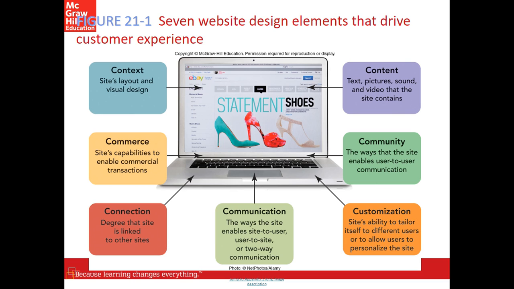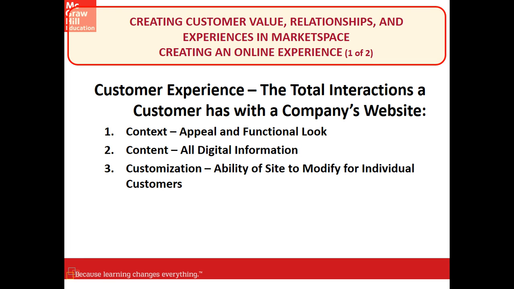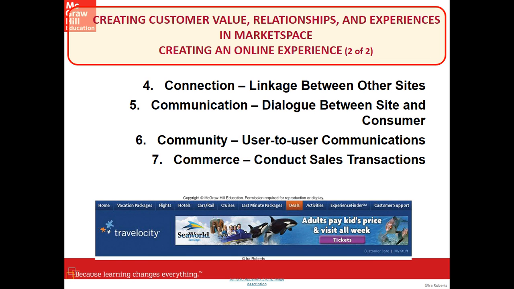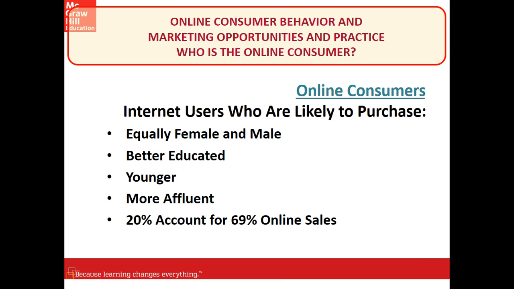And website design elements. The 7 Cs: context, commerce, connection, communication, customization, community, and content. And customer experience, the total interactions a customer has. And there are different components there. The typical online consumers, you can look at yourself, okay?